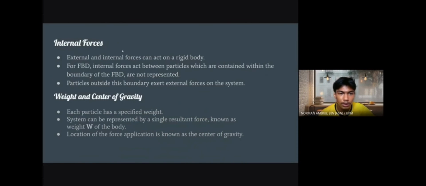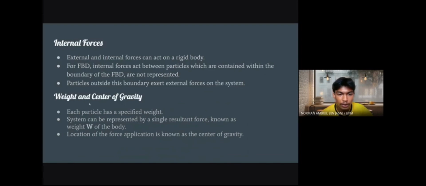Then internal force. External and internal forces can act on a rigid body. For an FBD, internal forces acting between particles contained within the boundary of the FBD are not represented. Thirdly, particles outside this boundary exert external forces on the system.